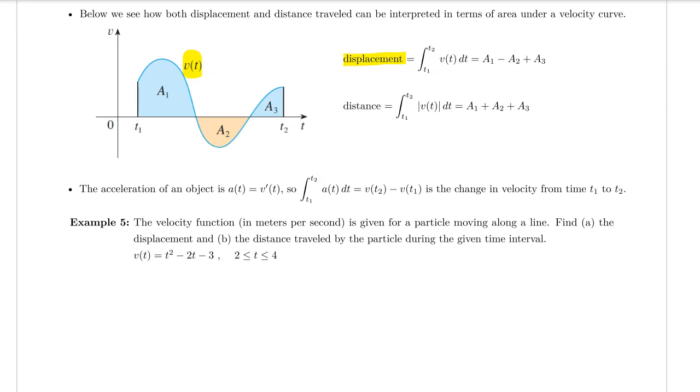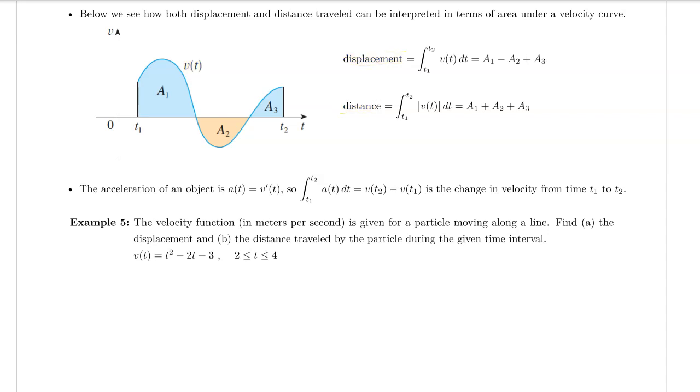So that's essentially the net area in that case. And the total distance traveled is equal to the definite integral from time 1 to time 2 of the absolute value of the velocity function dt, which is equal to a1 plus a2 plus a3.